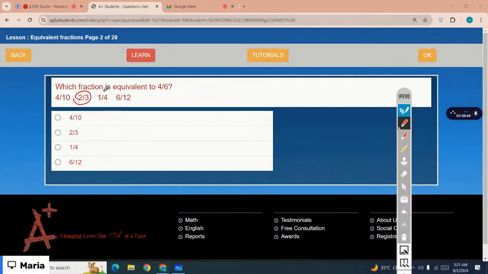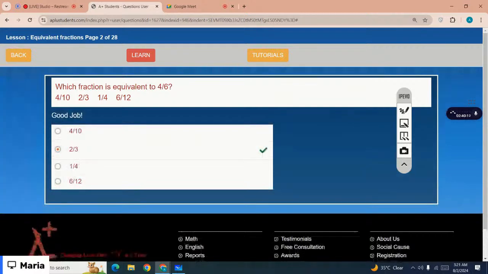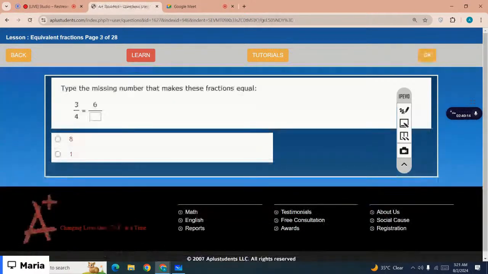The equivalent fraction is 2 by 3 if you divide by 2. 2 times 2 is 4 and 2 times 3 is 6, so the correct option is 2 over 3. The correct option is 2 by 3. Type the missing number that makes the fraction equal. So which is the correct option?